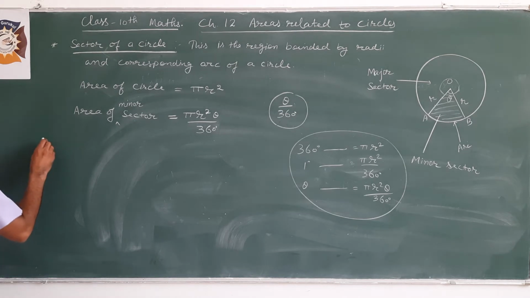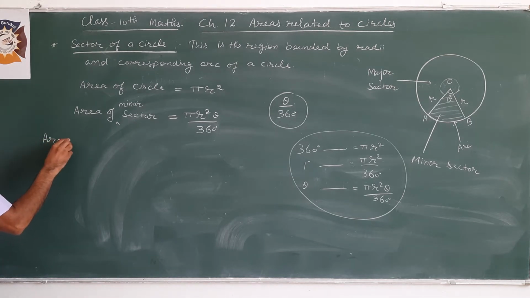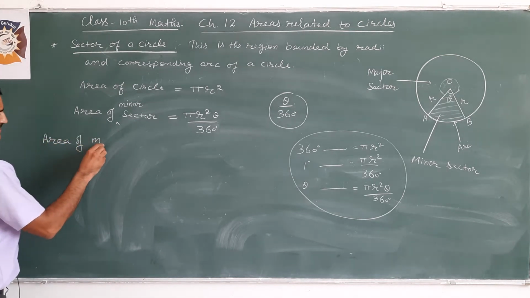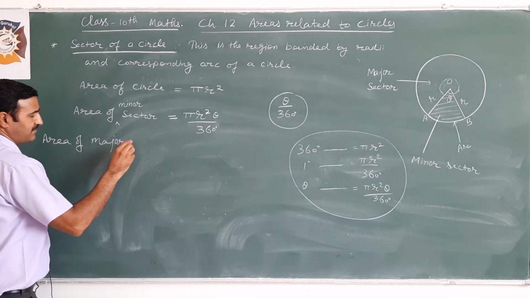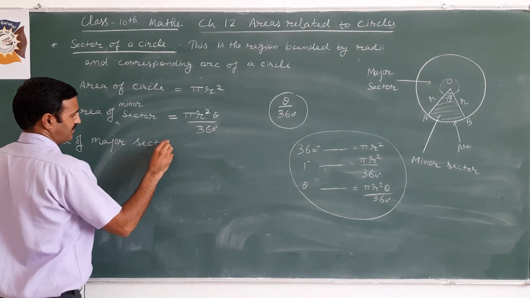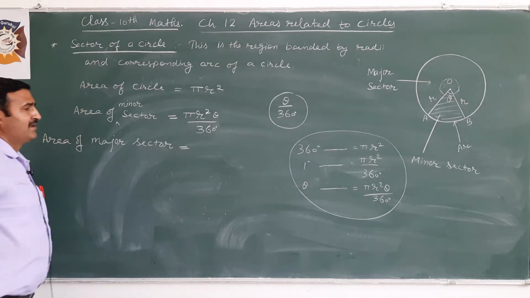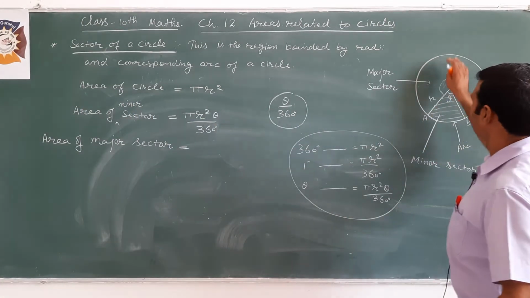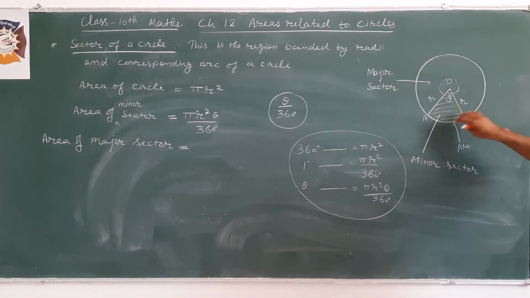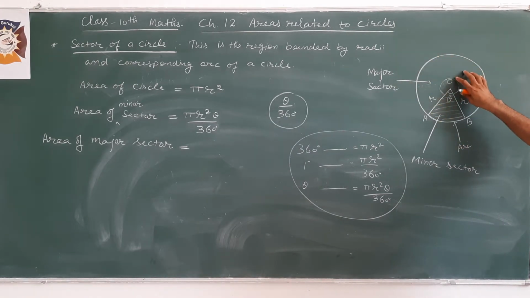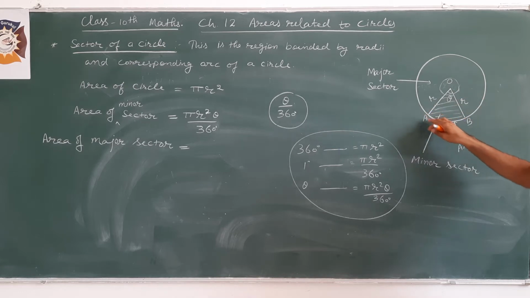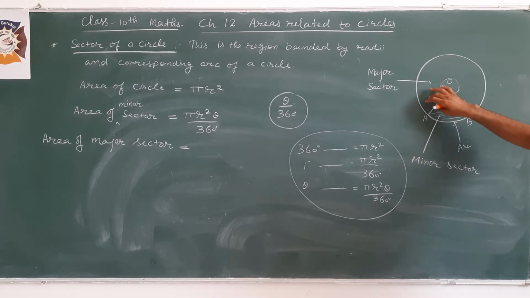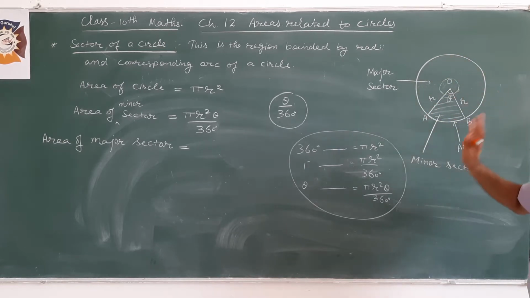If we have to find the area of major sector, then look at the figure now. This is the complete region. From this, if we subtract this sector only, minor sector, then we can get the area of major sector.